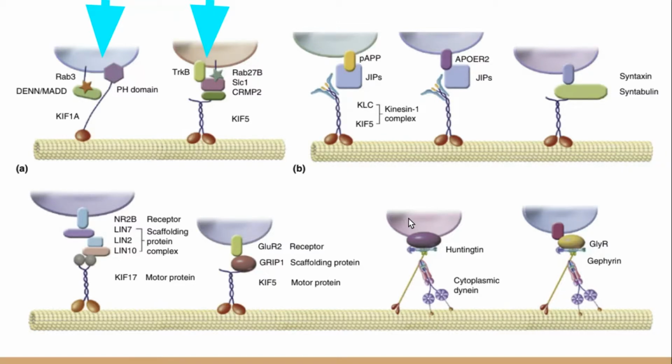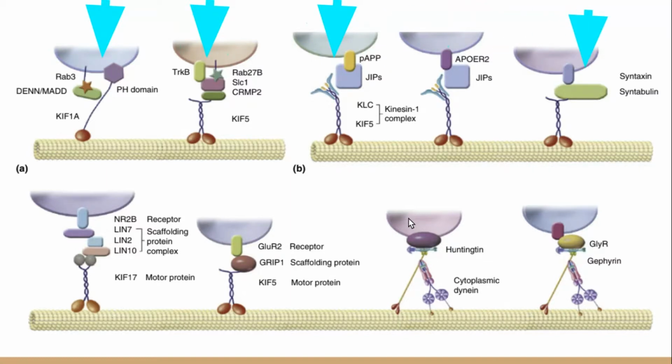TrkB can also be tethered to kinesin 1 via JIP3. JIP3 or JIP, this class of proteins are called JNK interacting proteins. They are a common class of kinesin-associated adapter proteins. In this graphic, JIP proteins are bridging APP, or amyloid precursor protein, and also ApoER2, the receptor for apolipoproteins.